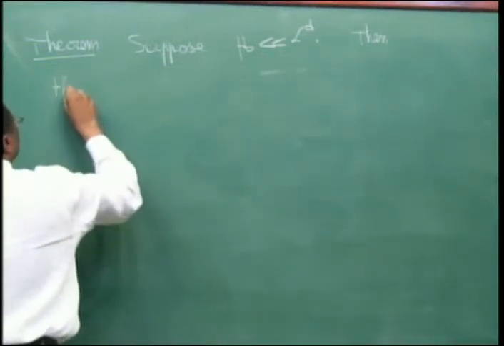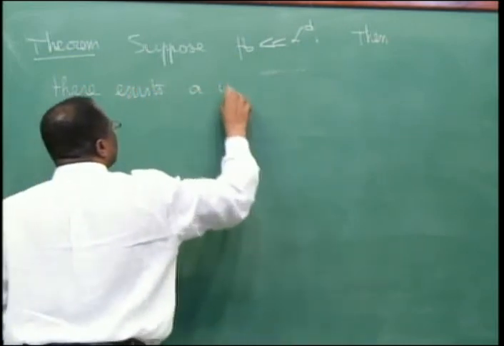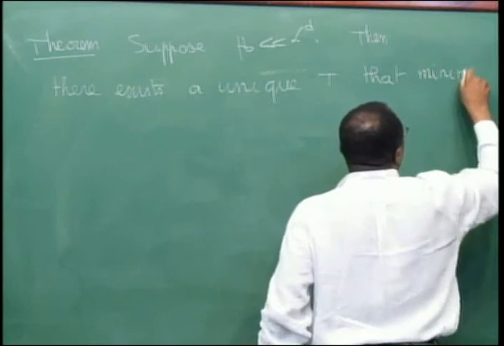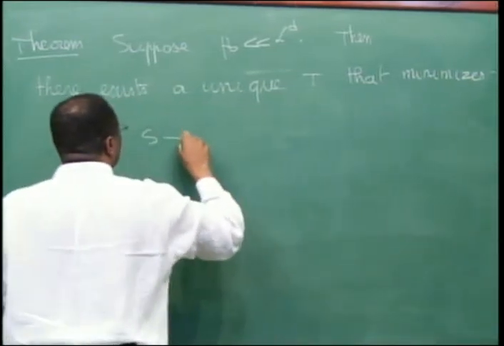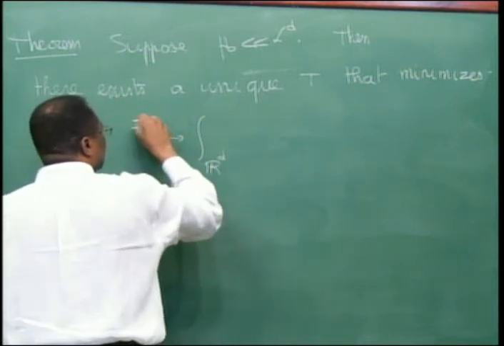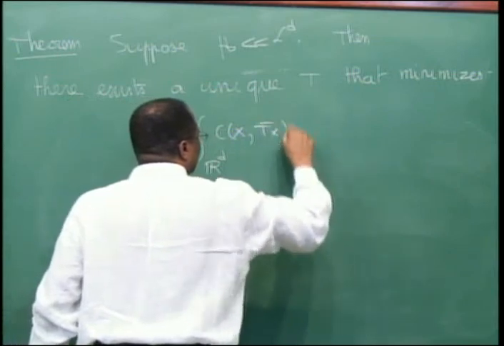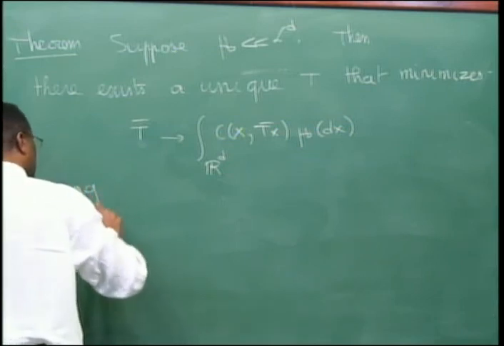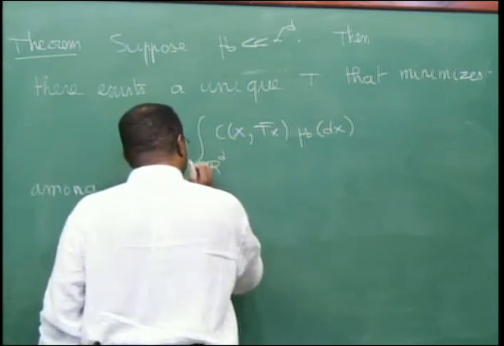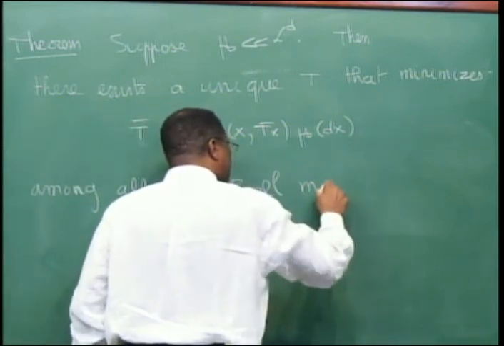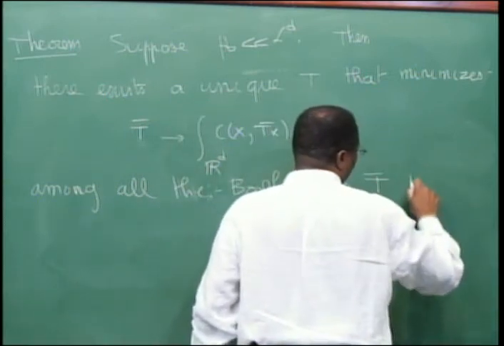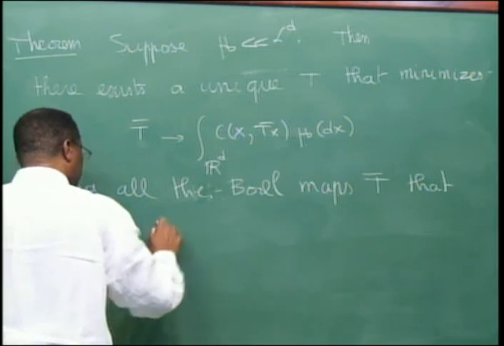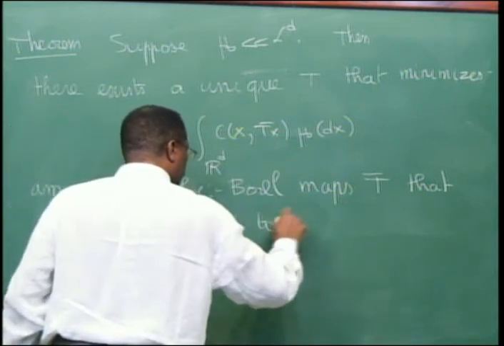Then there exists a unique T that minimizes S goes to the integral over R^d of T bar, c(x, T(x)) mu naught dx, among all the Borel maps T bar that push mu naught forward to mu 1.